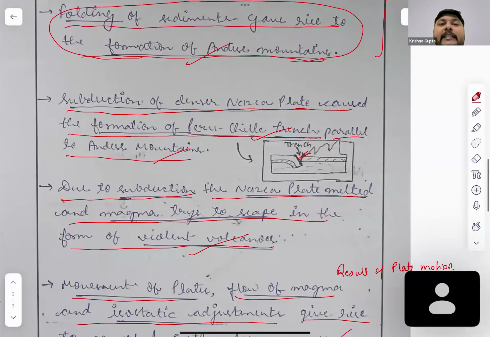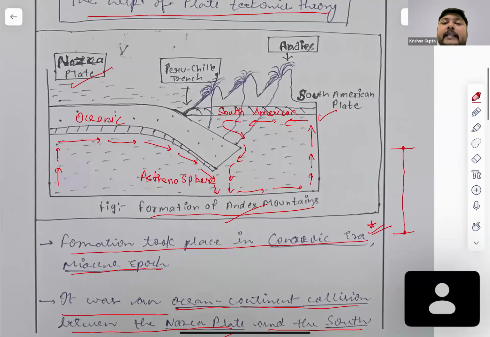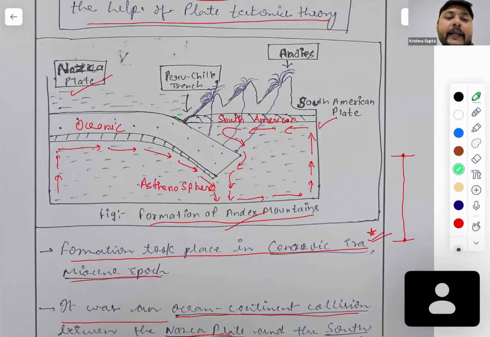We are trying to explain a convergent boundary. Okay, this diagram is very well explained. Starting with this diagram only here, what we are seeing is that there is formation of an accretionary wedge at this point. So there was formation of an accretionary wedge.